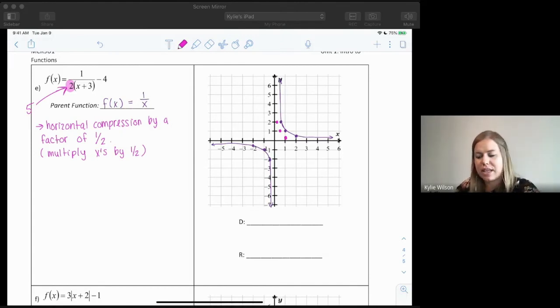Does that make a little bit more sense? Nicholas? If the k value were 1/2, that may be a stretch of 2. Exactly, yes, because I would have done 1 over k. Exactly right. There you go.